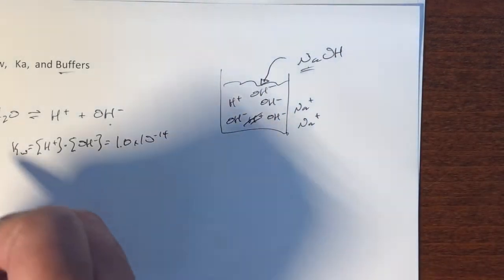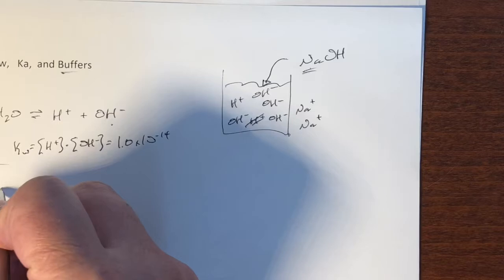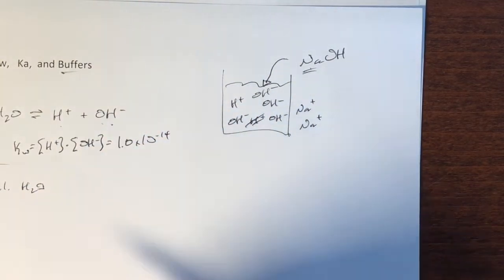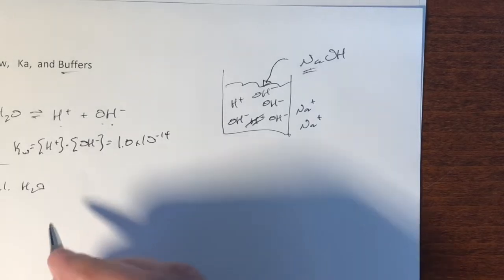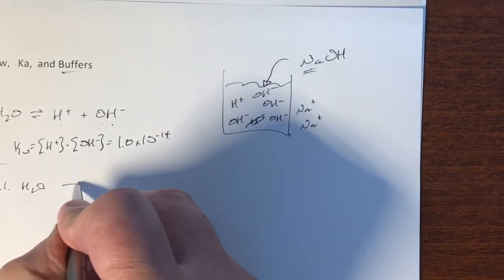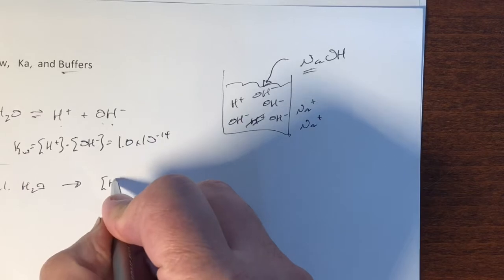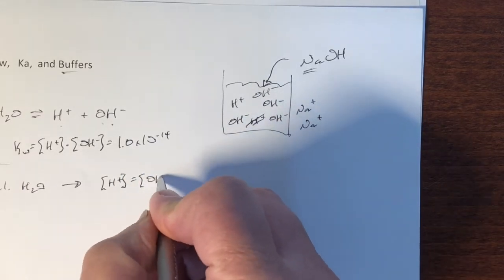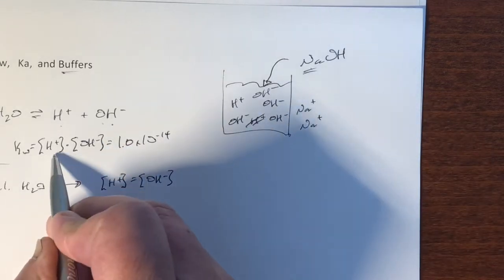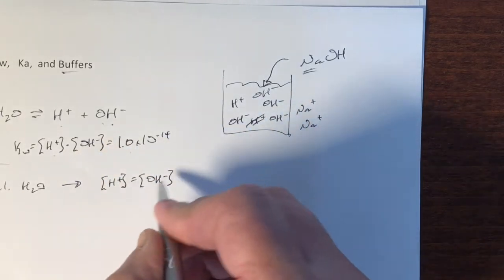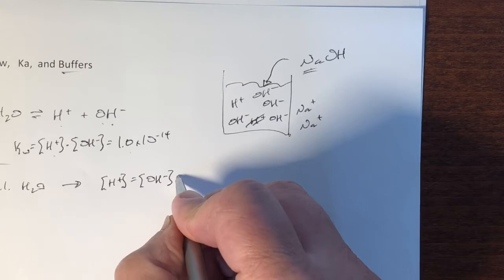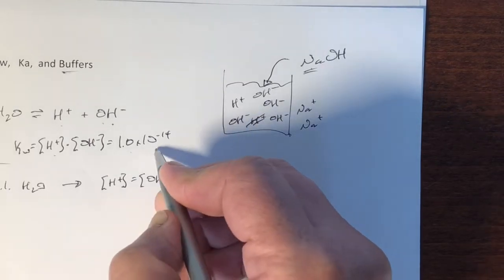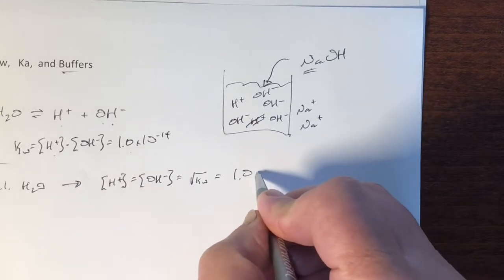Okay, if I have just water, it works out that the H+ and the OH- are equal to each other, and so that means that the concentration of H+ equals the concentration of OH-. So it times itself is 10 to the minus 14, or it is equal to the square root of Kw, which is the square root of 1 times 10 to the minus 14, which is 1 times 10 to the minus 7.